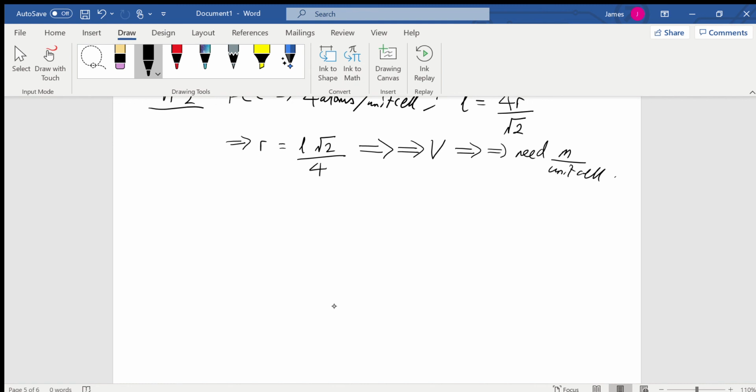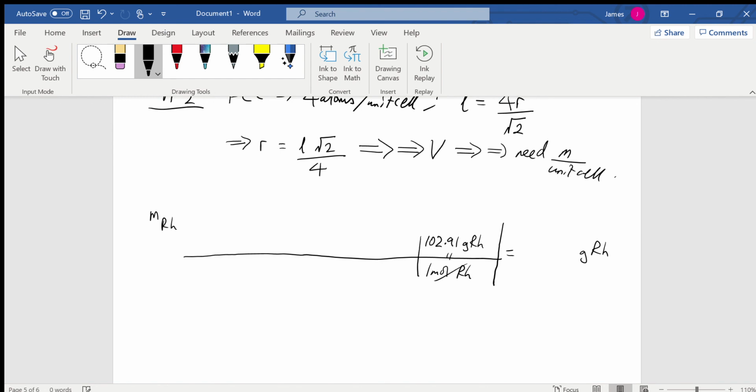Okay, so we can do mass of rhodium. It's going to be a dimensional analysis calculation like we saw earlier. So I want gram of rhodium. I look at the periodic table and I can see 102.91 gram of rhodium in a mole of rhodium. So mole of rhodium comes up here. The unit cancels. I know that a mole of rhodium is Avogadro's number of rhodium atoms.